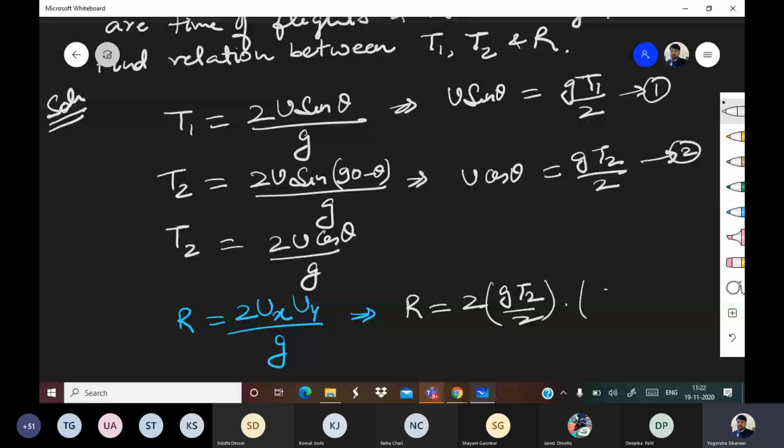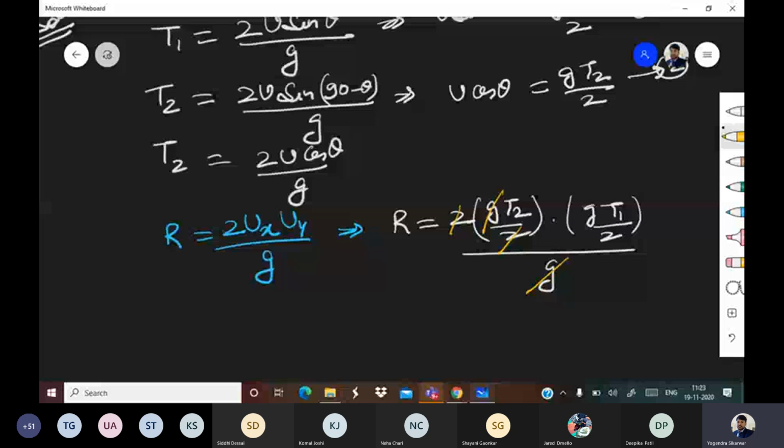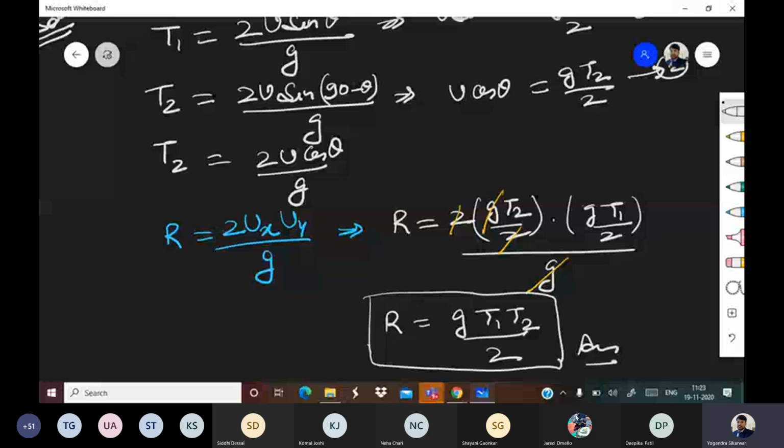So this 2 will get cancelled, this g will get cancelled. So what do we get ultimately? R is equal to g into T1 into T2 by 2. This is the answer.